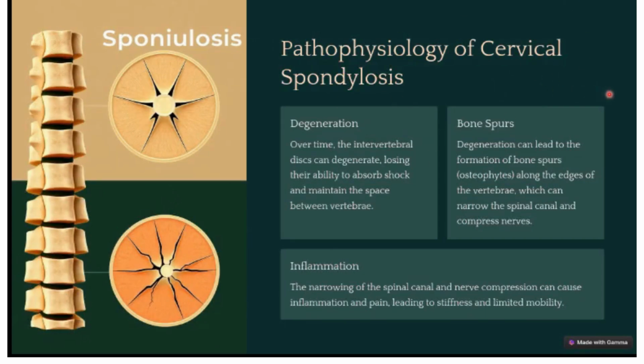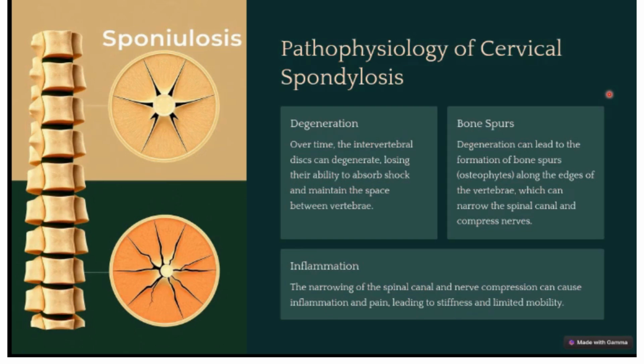Moving further to the pathophysiology of cervical spondylosis. It develops mainly due to age-related degeneration of the intervertebral discs and the vertebrae. This degeneration results in dehydration and shrinking of the discs, causing the vertebrae to rub together, which can lead to the formation of bony spurs or osteophytes.